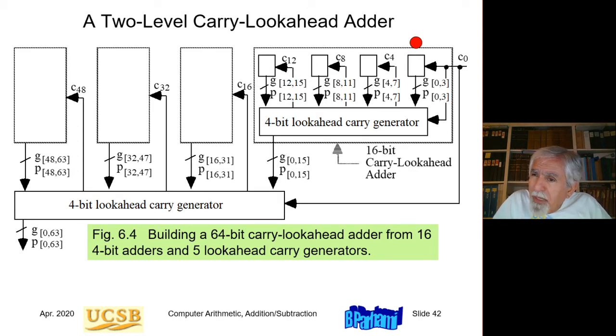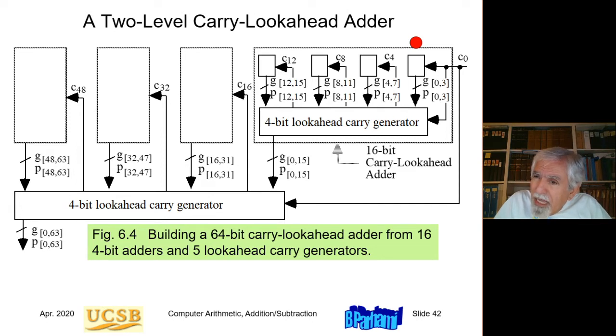So signals propagate through the first block, which is a 4-bit block that computes P and G for that 4-bit block. And the second block, the 4-bit lookahead carry generator, computes P and G for 16-bit blocks. And then finally, that last block at the bottom computes those intermediate carries, C16, C32, C48, so that we have carries to these 16-bit blocks.